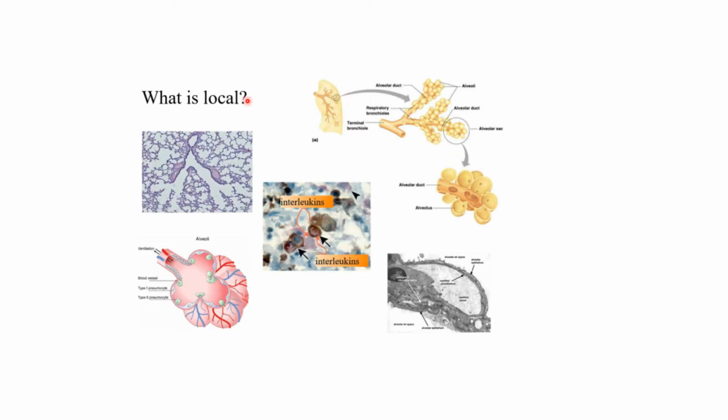What is local? The whole lung, lobe of a lung, airway, several alveoli, just the air sac, just one alveolus, just the wall of the alveolus, just the junction with the capillary and the alveolus, a group of cells.